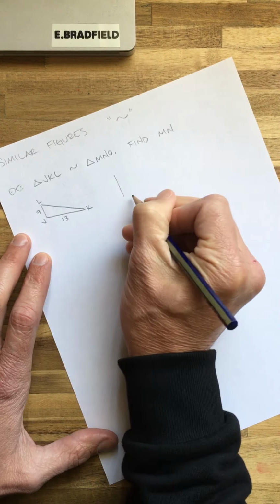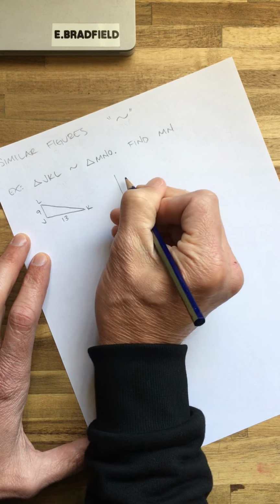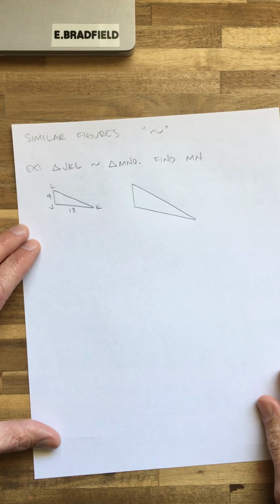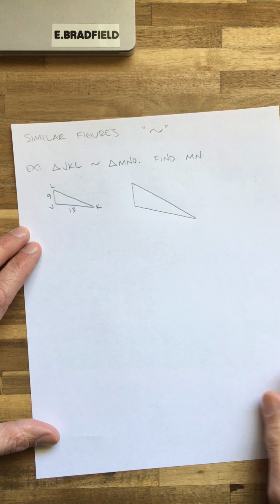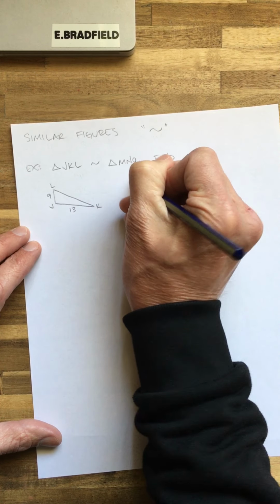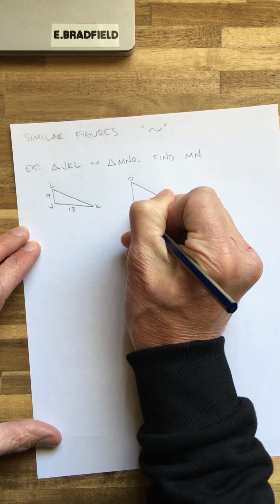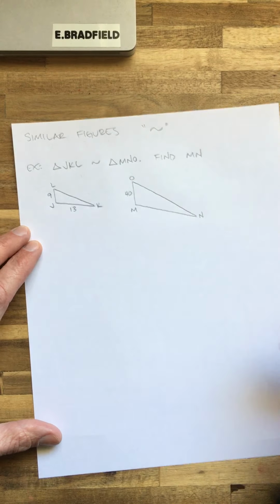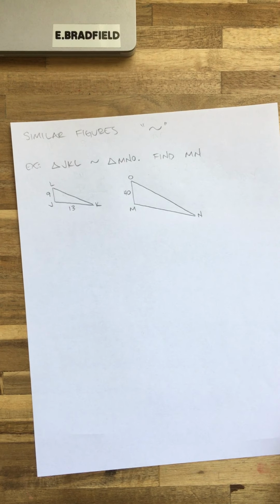So let me just go ahead and draw these two triangles. Obviously you can tell what side matches up with what side. I drew it pretty clearly, and we'll just warm up with this one.